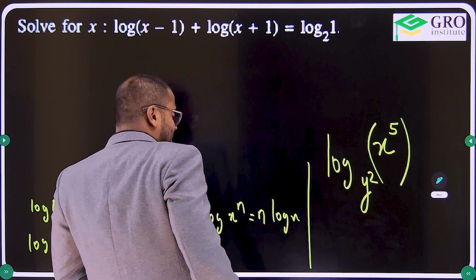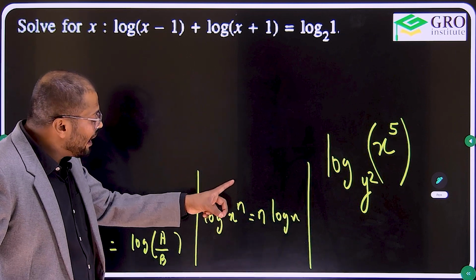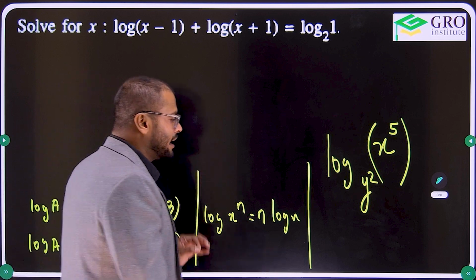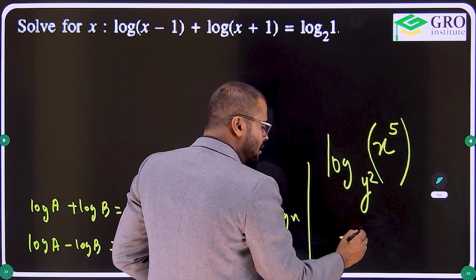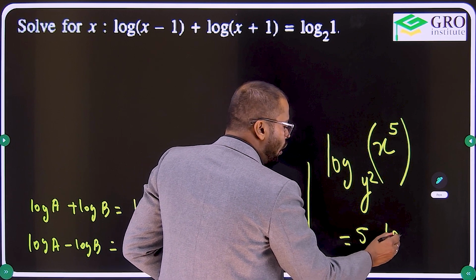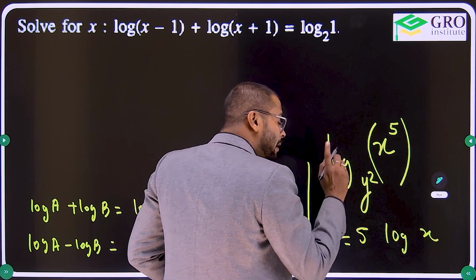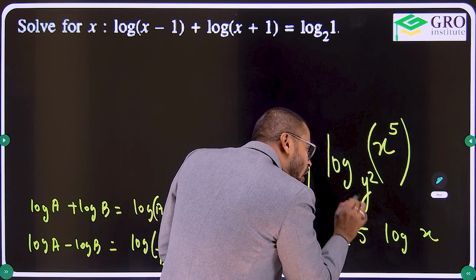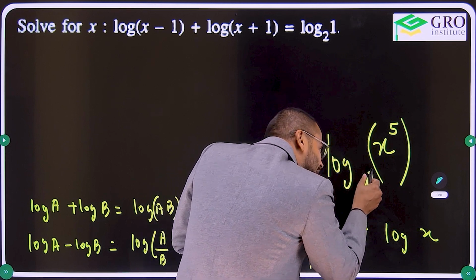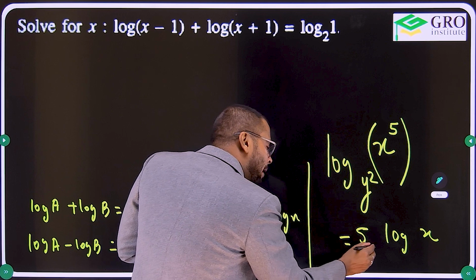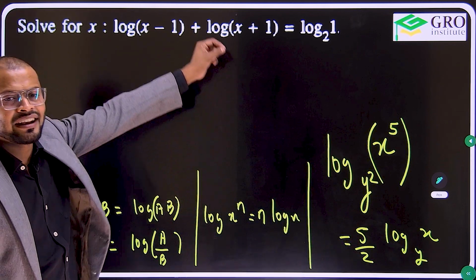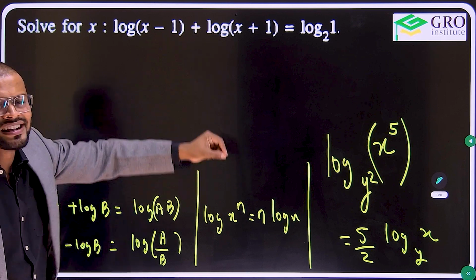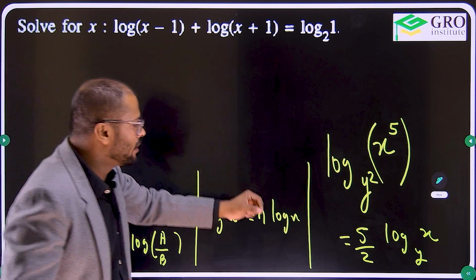You will say that power of head comes in front. I agree. Power of head comes in front, so it is 5 log x. But what about the power of base? Power of base also comes in front, but in reciprocal. Yes, see this again and tell me whether it is clear or not, right?